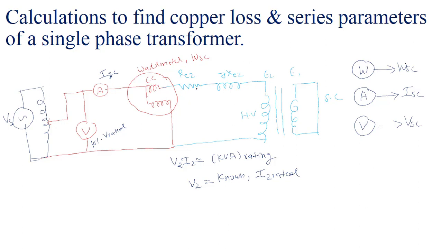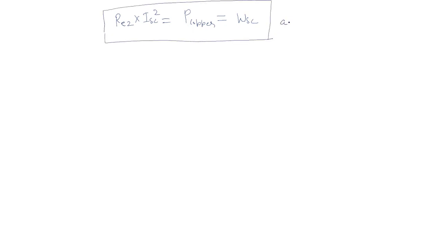So we can say directly that R equivalent into I short circuit square is nothing but P copper. P copper or P variable must be equal to W short circuit. So whatever the reading of the wattmeter at rated current I rated, that must be equal to the variable or copper losses.